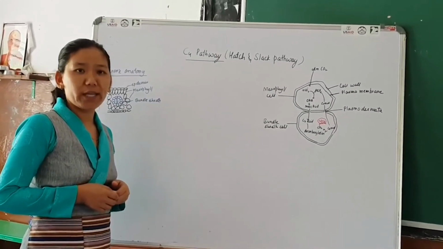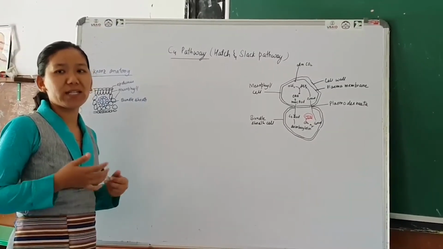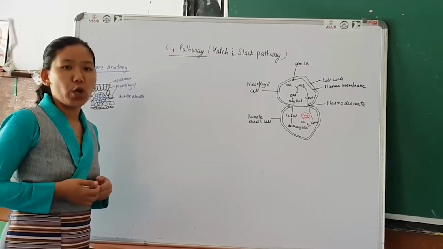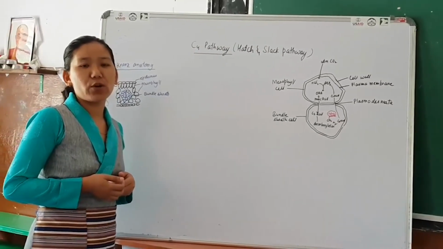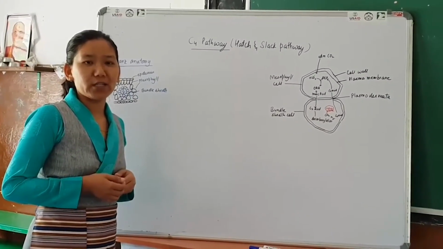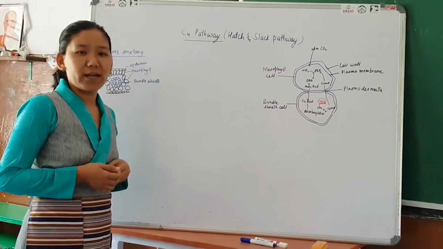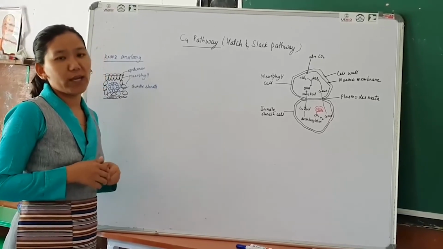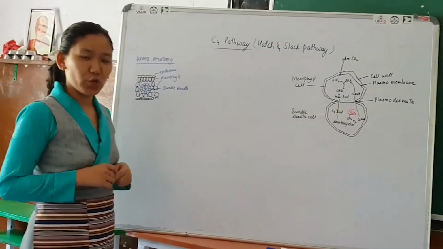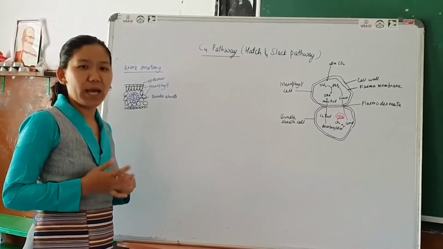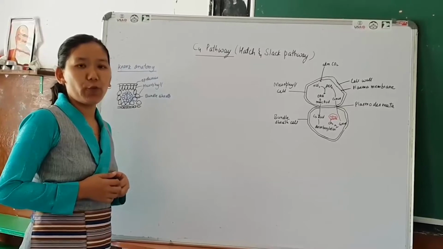So as to avoid that photorespiration process, the plants have undergone an adaptation, wherein they minimize the process of photorespiration. And one such adaptation you can find is a particular structure inside the leaf. If you take a cross section of a leaf, you get a structure we call Kranz anatomy, and this Kranz anatomy is found in the group of plants which undergo C4 pathway.